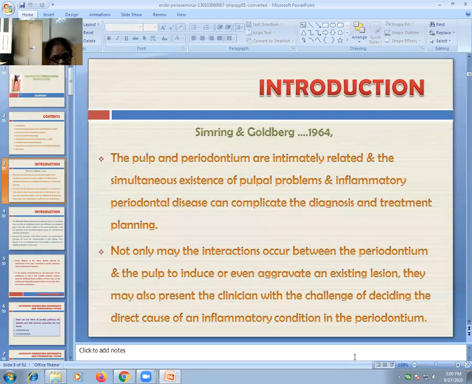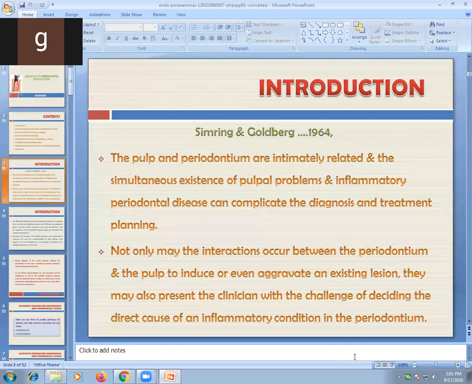As you know, in the classification of diseases, there are pulpal diseases and there are periodontal diseases. These pulpal and periodontal diseases are in such close intimacy with each other that any disease existing in the pulp or in the periodontium will interrelate with the other.